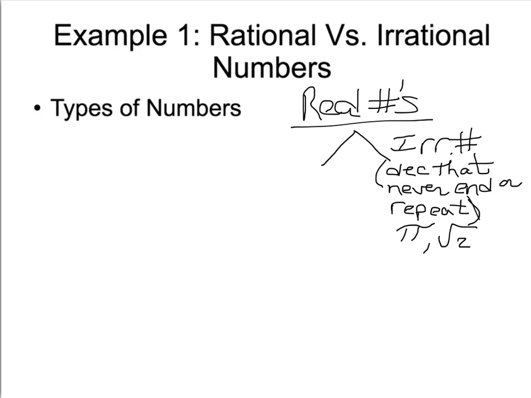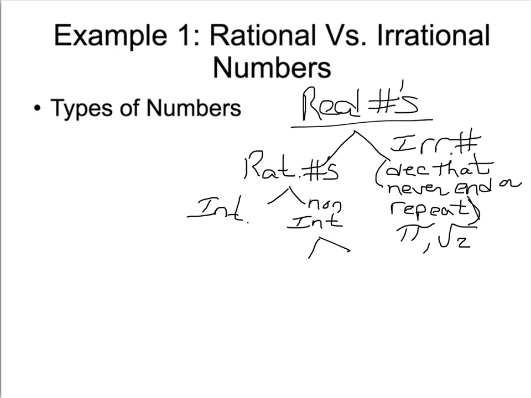On the other side are all the rest of our numbers. And all the rest of the numbers are known to be rational numbers. These are your fractions, your decimals, your percents, your integers, your whole numbers, negatives, positives, anything you can think of. The rational numbers then break down into integers and what are known as non-integers.